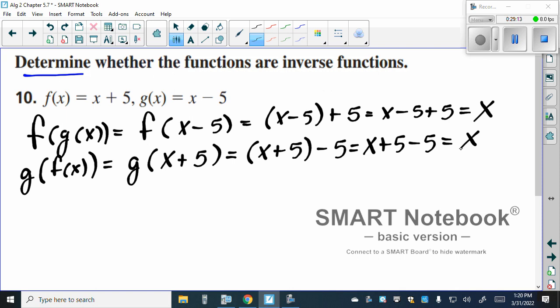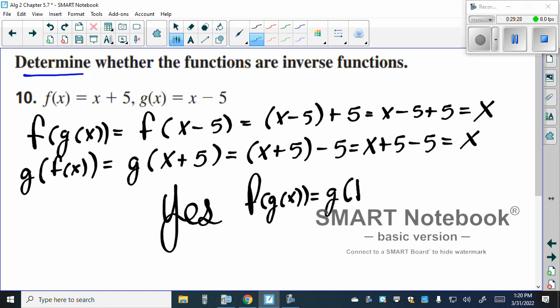So again, just like the one before, we can drop the parentheses, which gives us x plus 5 minus 5, which gives us x. So are these inverses? Yes. And we know it because f of g of x is equal to g of f of x, which equal x. That's why we know that they are inverses.